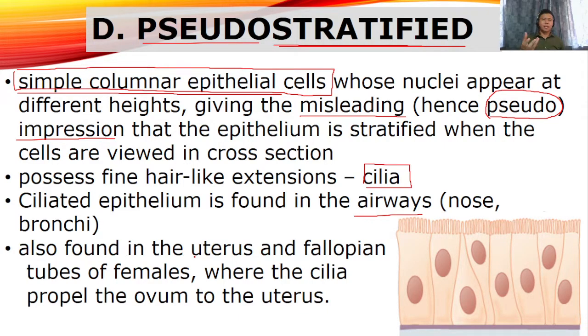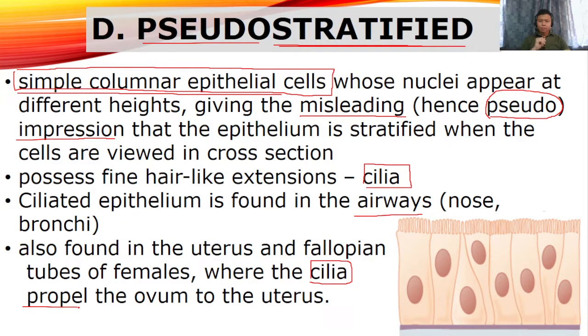If it is not fertilized, then it doesn't get implanted in the womb, but rather it goes out to the birth canal away from the female reproductive organ in a form of menstruation. Okay, so cilia functions in propelling the ovum to the uterus. If it doesn't get fertilized, it doesn't get implanted, then it will continuously go outside from the female reproductive system.